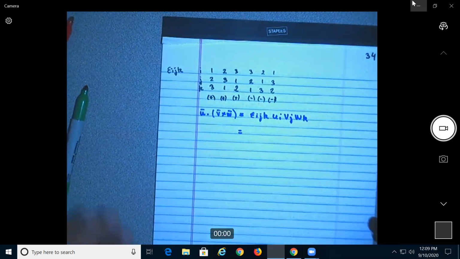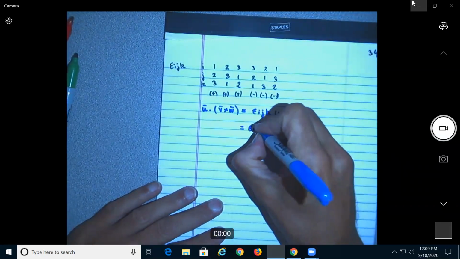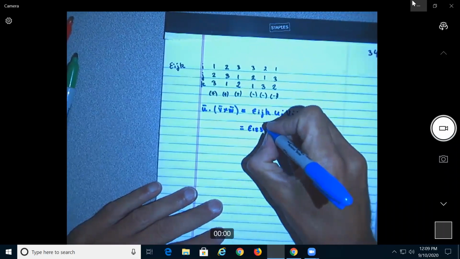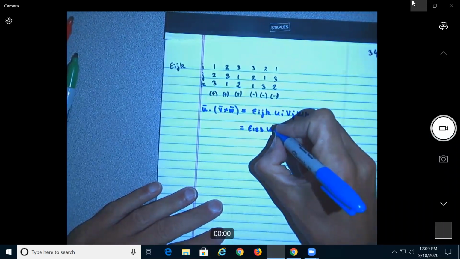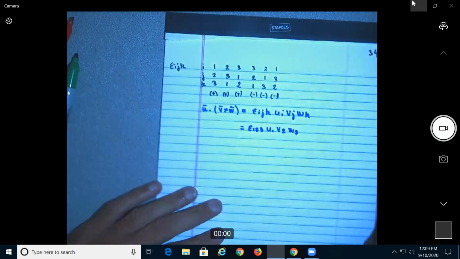So what are the options that we have? Epsilon 1, 2, 3, u1, v2, w3.